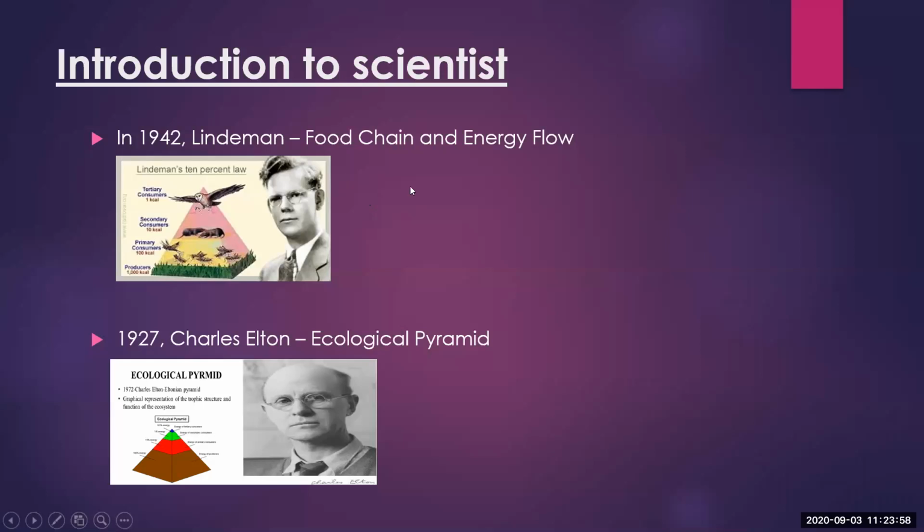Lindeman in the year 1942 studied the food chain and the energy flow and showed how the energy is passed on through these trophic levels. And in 1927 the ecological pyramid pattern was formed by the scientist Charles Elton, and this pyramid of energy is also known as the Eltonian pyramid.